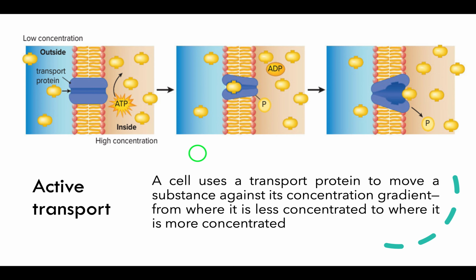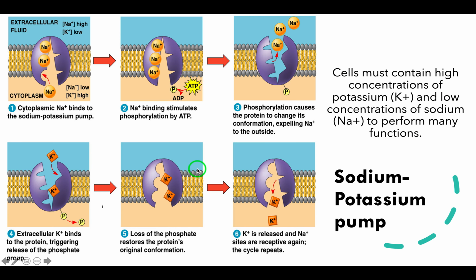When a phosphate group is removed from ATP, it becomes ADP, which means adenosine diphosphate, having only two phosphates. The phosphate group that binds to the protein causes it to change shape and deliver ions across the membrane. Active transport enables a cell to maintain internal concentrations of small solutes that differ from the concentrations in its environment.